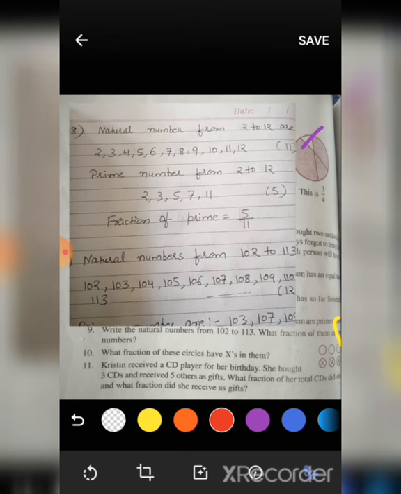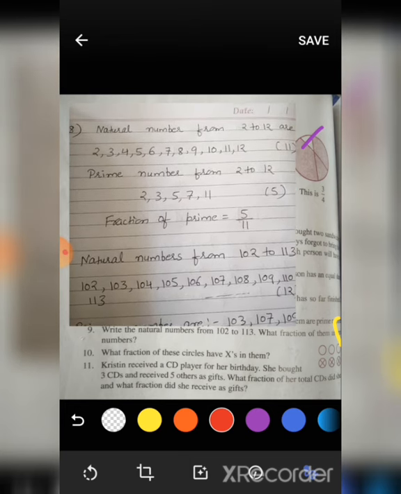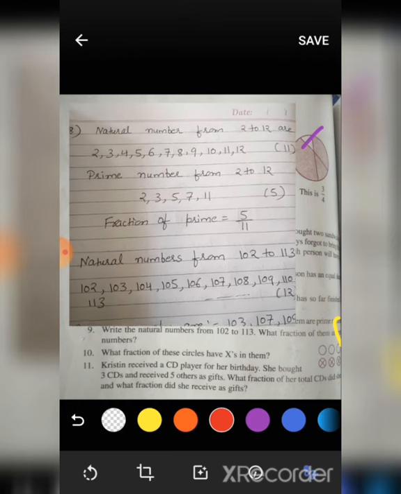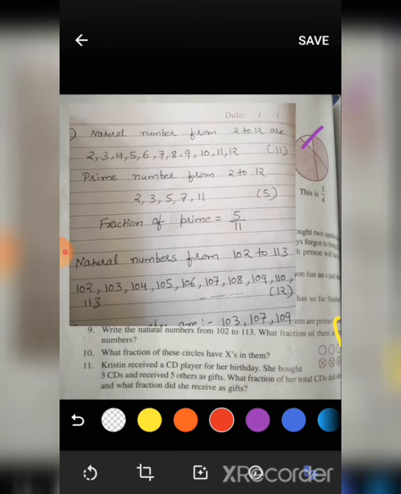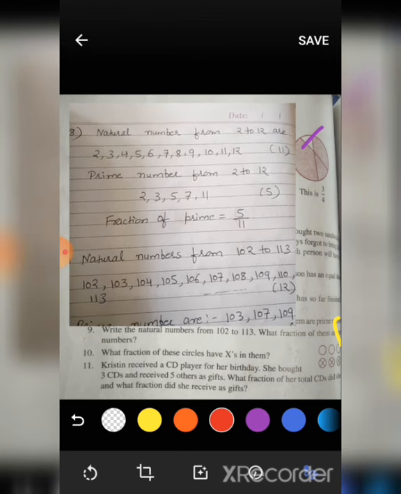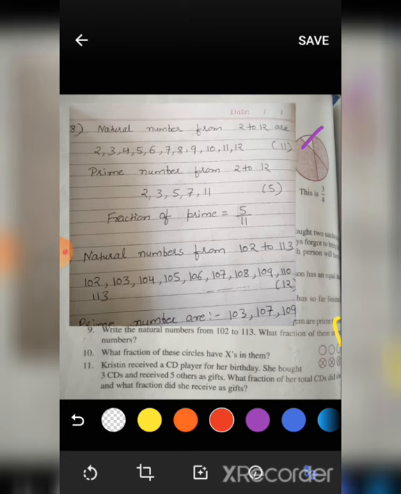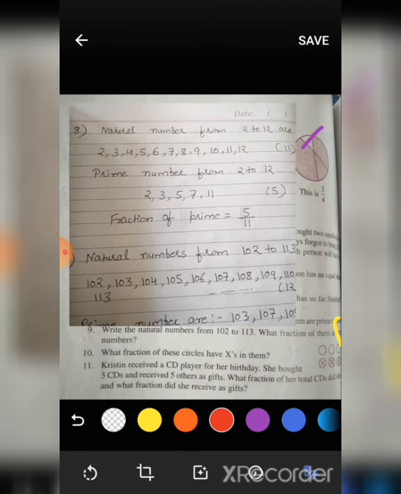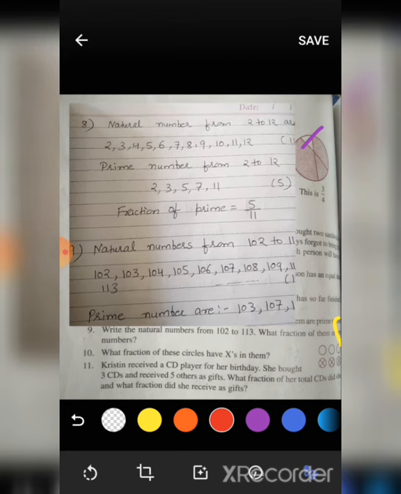So the natural numbers from 2 to 12 are 2, 3, 4, 5, 6, 7, 8, 9, 10, 11 and 12. When you count these numbers, there are 11 of them. And the prime numbers from 2 to 12 are 2, 3, 5, 7 and 11. That is a total of 5. So the fraction of primes is 5 by 11. I hope you got it.